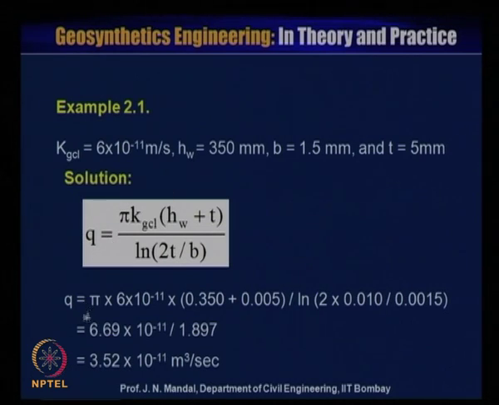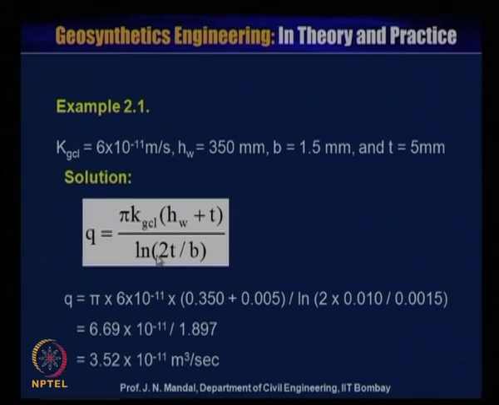Now if you substitute these values, Q will be equal to pi into K of GCL, 6 into 10 to the power minus 11, into HW, which is 0.350 in meter, plus T, which is 0.005, divided by ln of 2 into T, that is 0.010, divided by B, B is 1.5 millimeter or 0.0015.